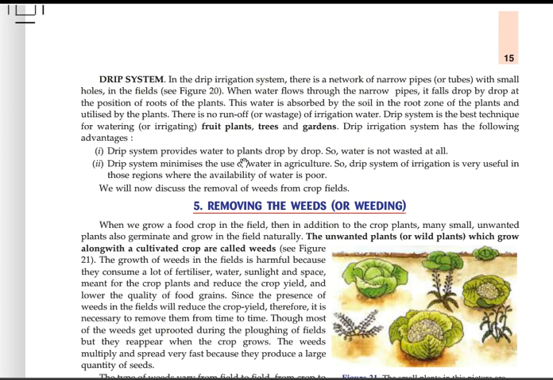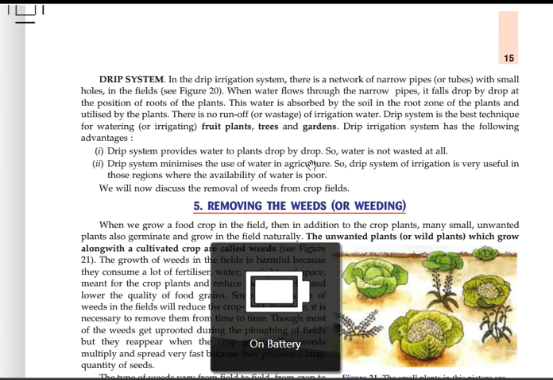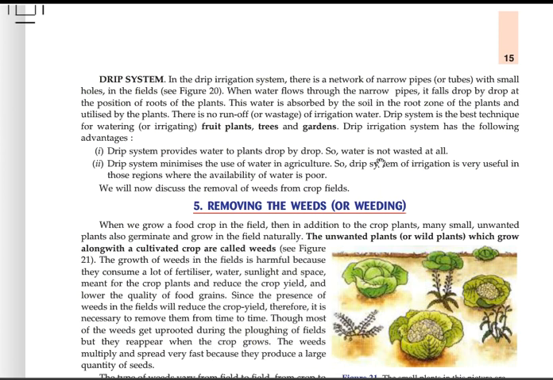It provides water to plants drop by drop, so nothing is wasted at all, and it minimizes the use of water in agriculture. So the drip system of irrigation is very useful in those regions where the availability of water is poor.